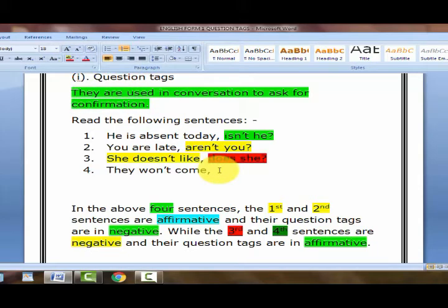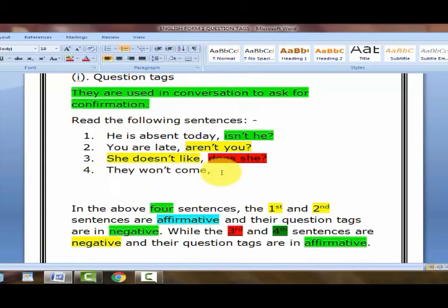Come here now. They won't come. This won't is the contraction of will not. Shall not is written shan't. So it's just a contraction of will not, which means this sentence is in a negative form.